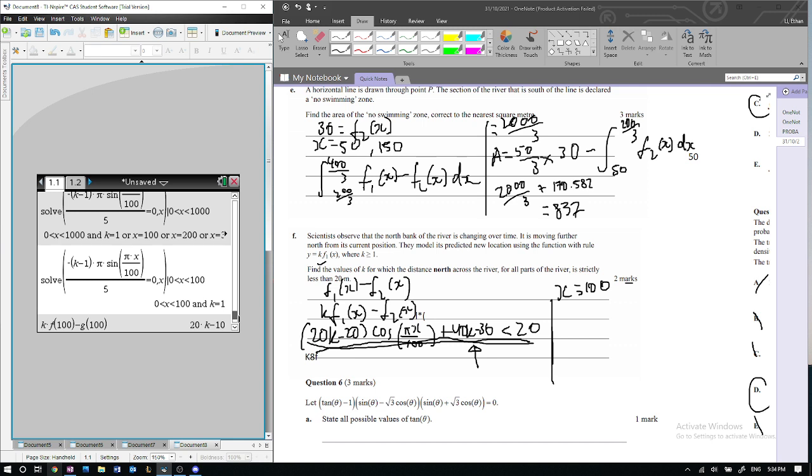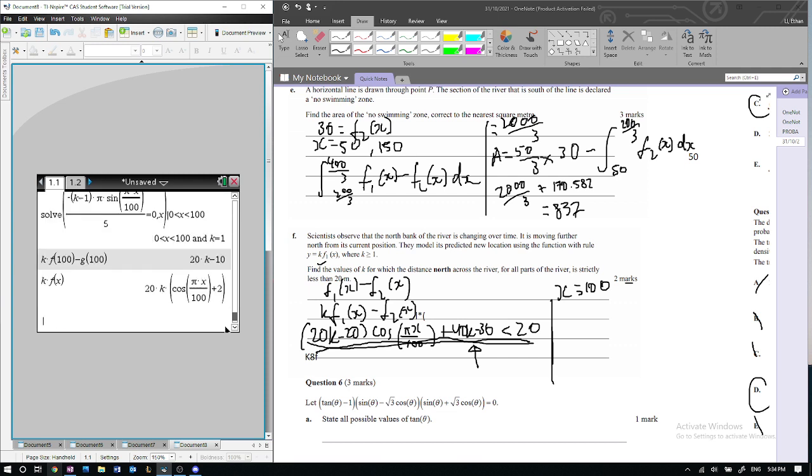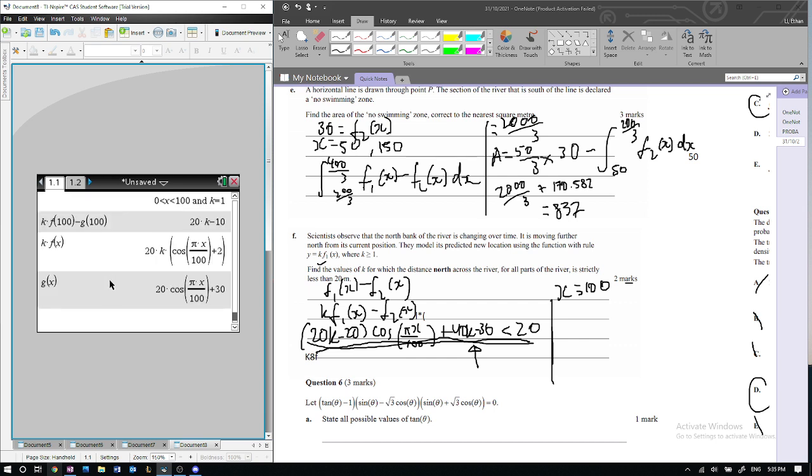Let me just write out my equations again. Yeah, so you get 20k times cos pi, which is just -1 plus 1, so that's just 20k, and then g of x is -20 plus 10. Okay, so that is right.